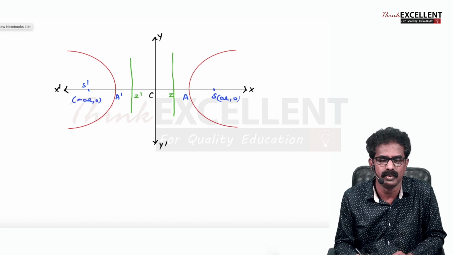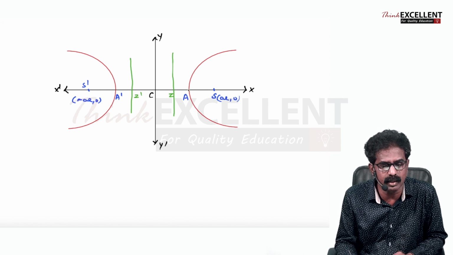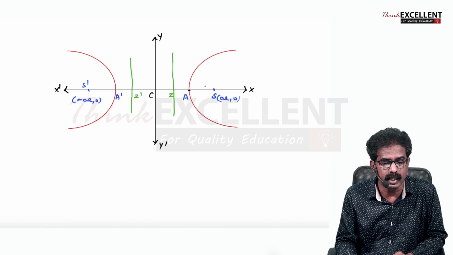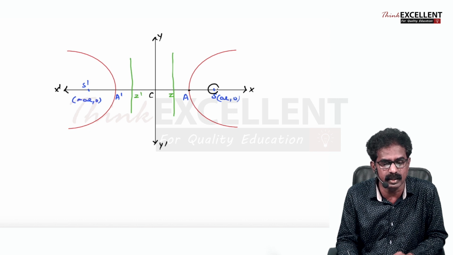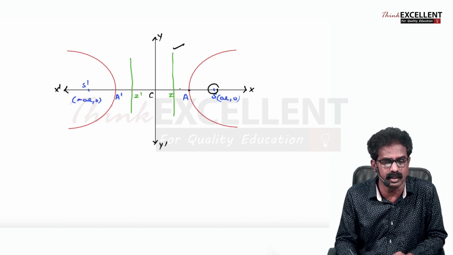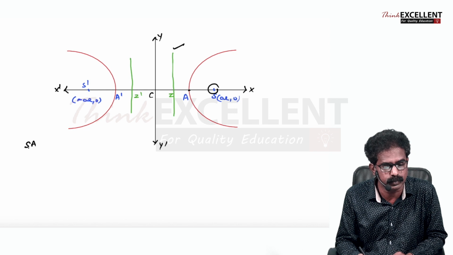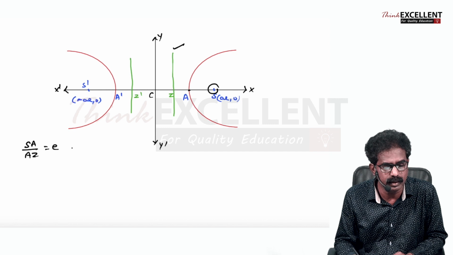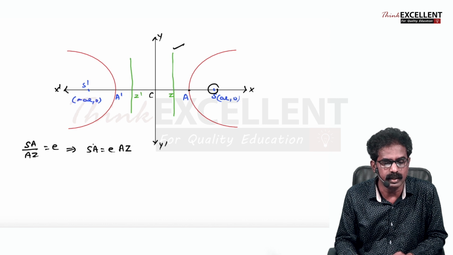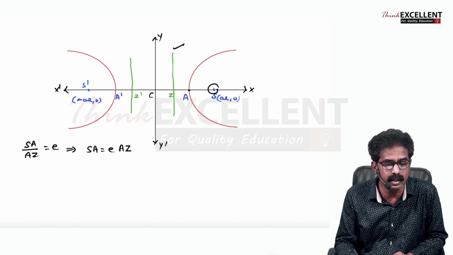Same thing here also. So A is a point on the hyperbola. So SA by AZ. Already I said when you take this focus, you have to use this directrix. SA by AZ equal to E. If you cross multiply, SA is equal to E into AZ. Then A dash is a point on the hyperbola.